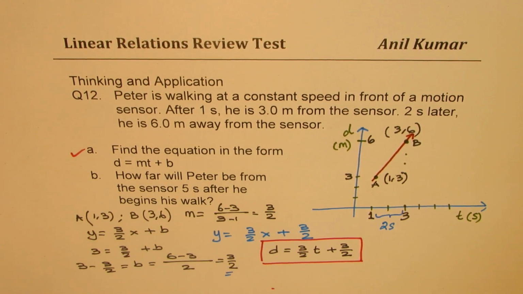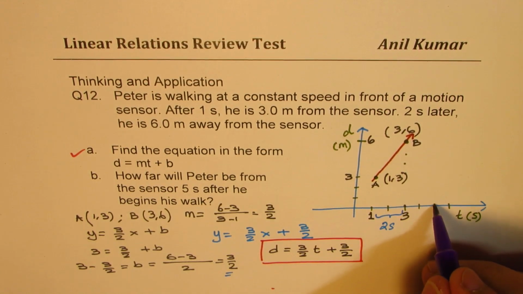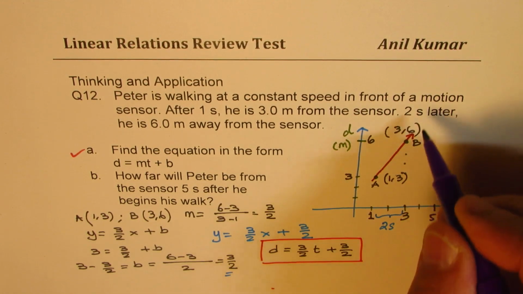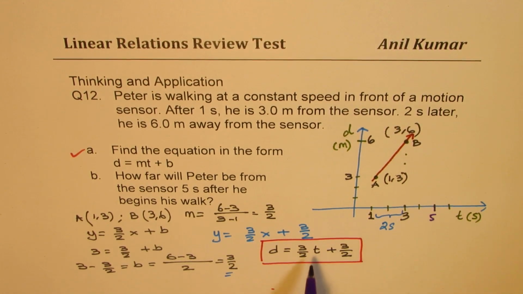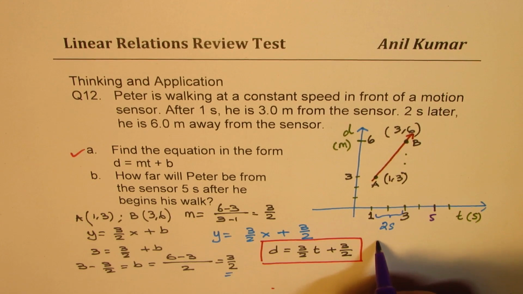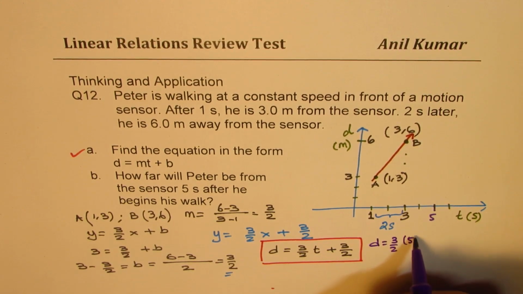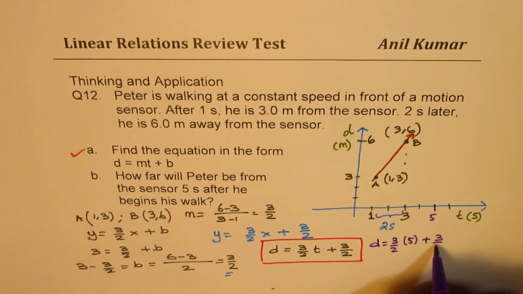Now the second part is, how far will Peter be from the sensor 5 seconds after he begins his walk? That is to say, at 5 seconds, where will he be? So t equals 5. We'll just put t equals 5 here. So the distance equals 3 over 2 times 5 plus 3 over 2.